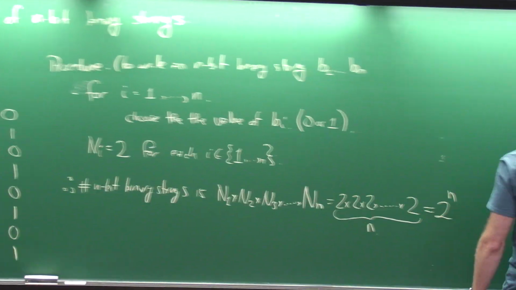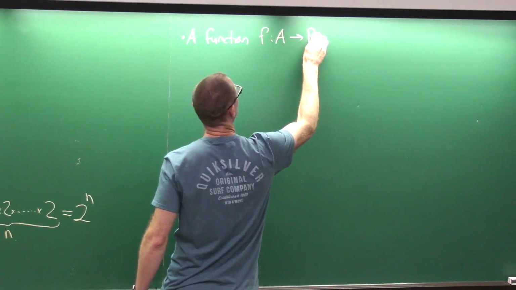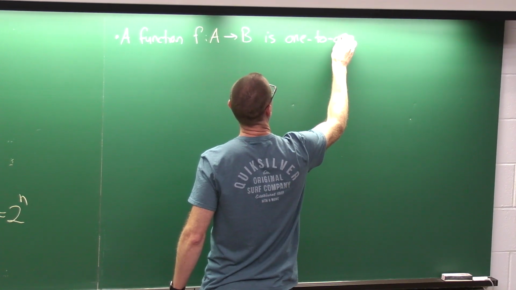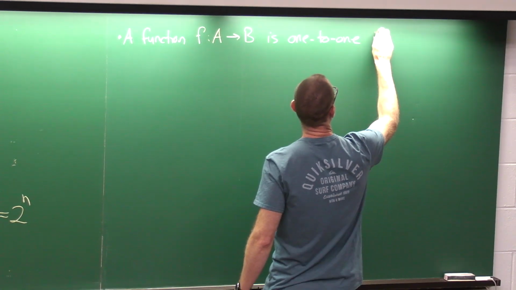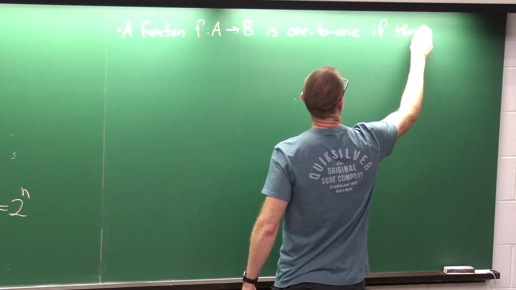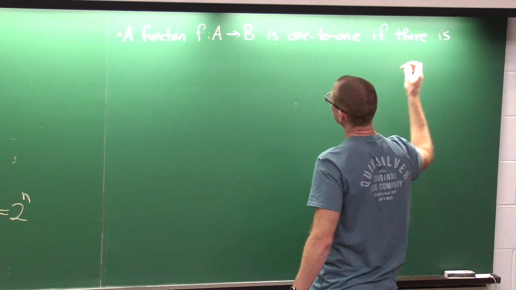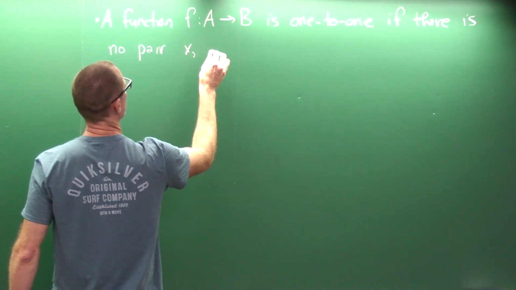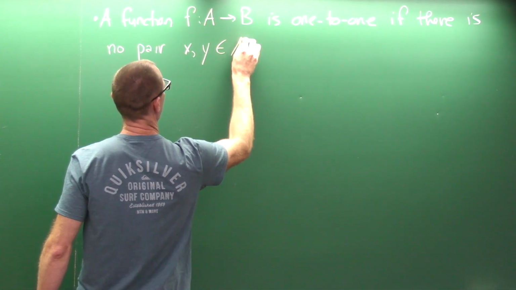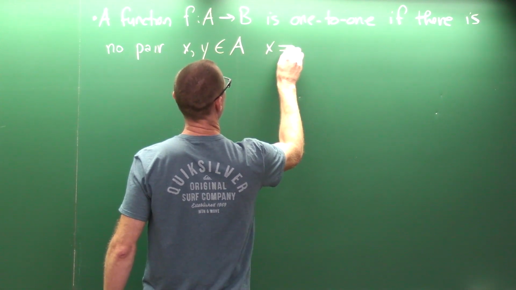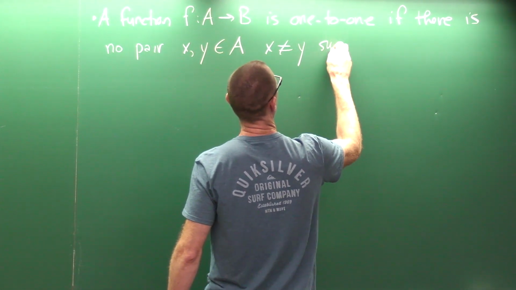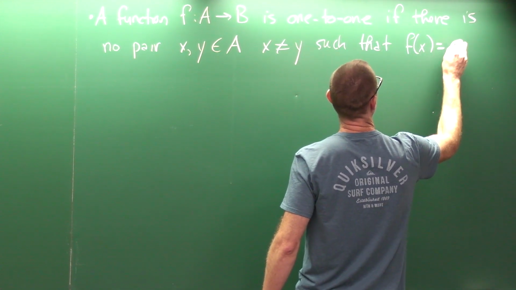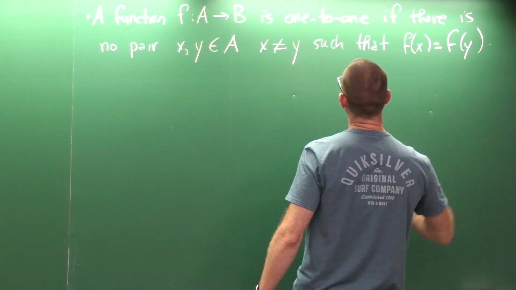A function f from A to B is 1 to 1 if there is no pair x, y, so two different elements of A, such that f of x equals f of y.